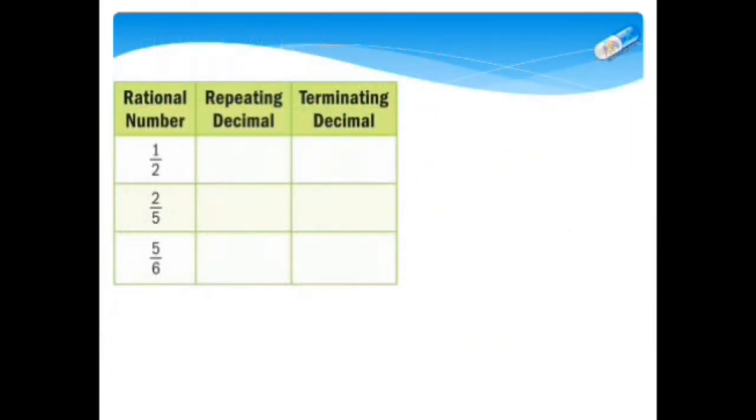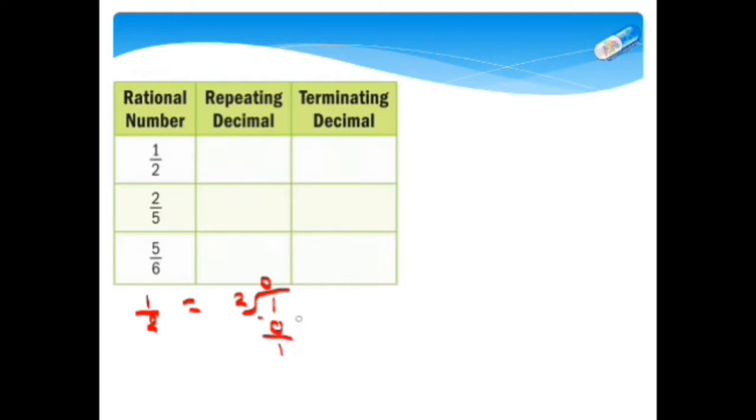We have here rational numbers 1 over 2, 2/5, and 5/6. To transform 1 over 2, for example, into a decimal, we divide 1 by 2. 1 divided by 2, of course, it's 0. 0 times 2, 0.